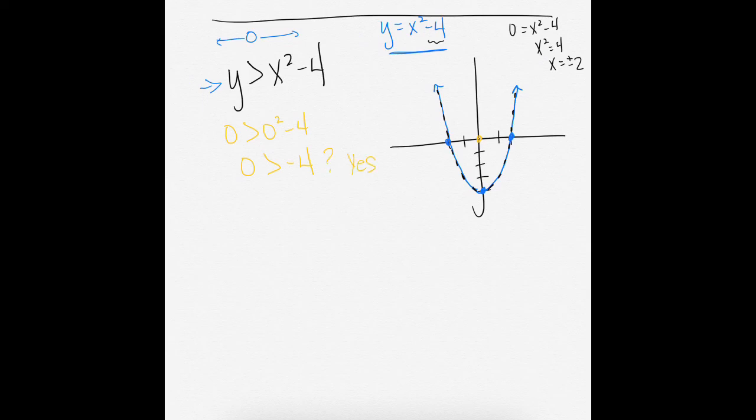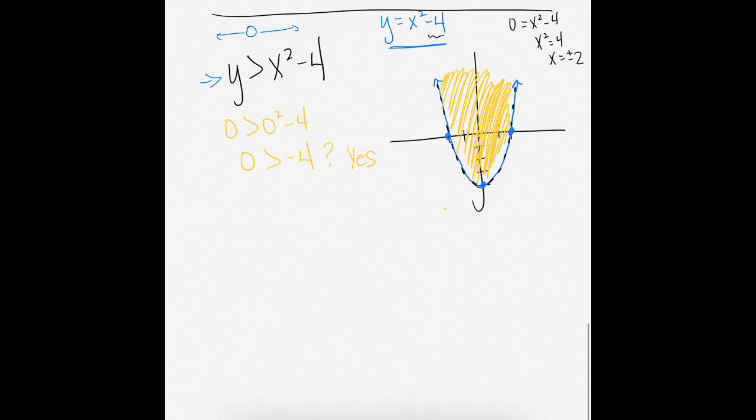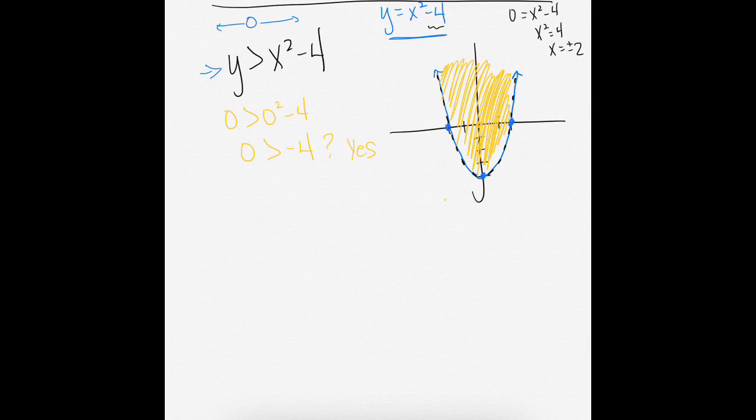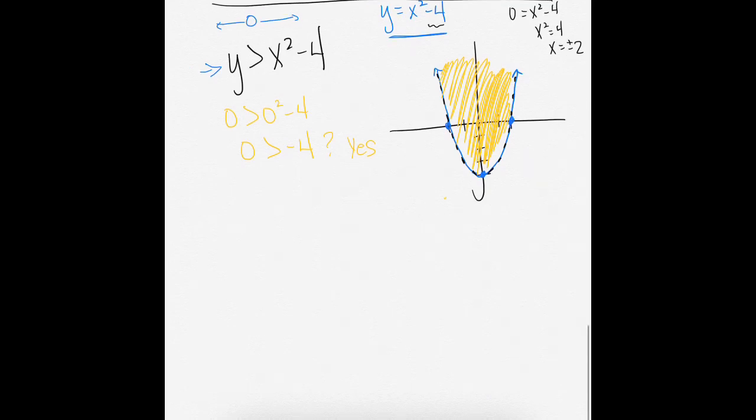Ask yourself, is this true? And you would say, yes, indeed. 0 is greater than negative 4. That means I would shade inside my parabola. You could technically test a point outside of the parabola as well, but you should get a false statement, and I'll show you a false statement in a minute.